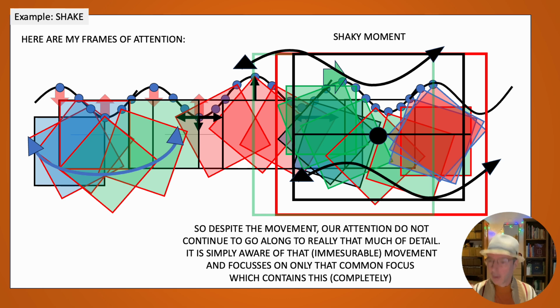Our focus is not going along. It's stable. We keep it in the background so that we are simply aware that there is sometimes even immeasurable movement, and we focus only on that common focus which contains all of these combinations in one complete frame of focus.